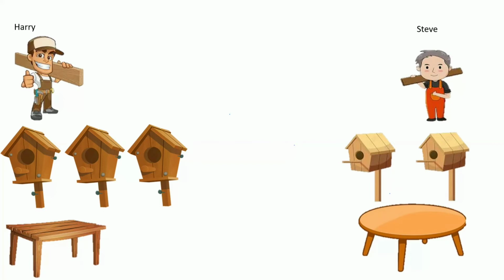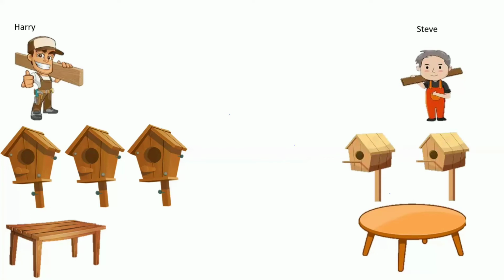So now let's look at Steve. The opportunity cost of Steve making 1 table is just 2 bird houses, while the opportunity cost of Steve making 1 bird house is half of a table. According to the law of comparative advantage, each person should produce the good for which there is lower opportunity cost than other producers.